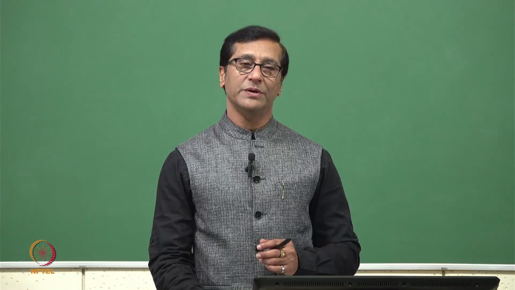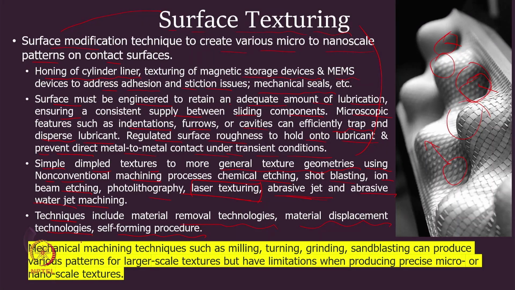Now, if I use the running-in method nicely, then it is basically a self-forming process which can be achieved using that method. Now, why are we saying that we really require a non-conventional machine?